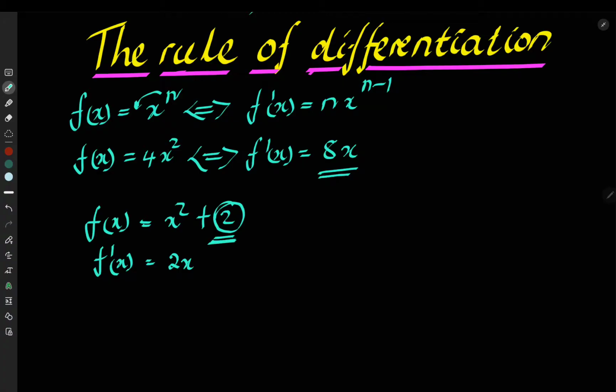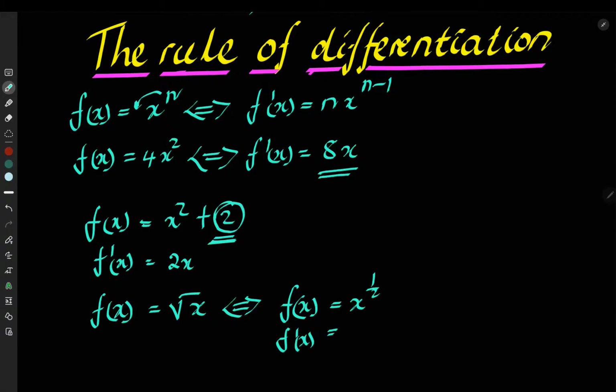Now, the other thing that you need to remember when you're differentiating using the rule is that when you have a square root, don't differentiate the variable if it is under the square root. You have to apply the laws of indices, and that will be f of x is equal to x to the power a half. Then you can go ahead and differentiate, and in this case, the first derivative of x will be equal to, you bring down the half, half x to the power half minus 1, that will be negative half.